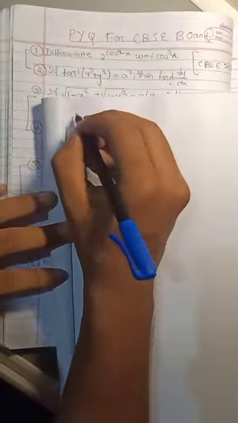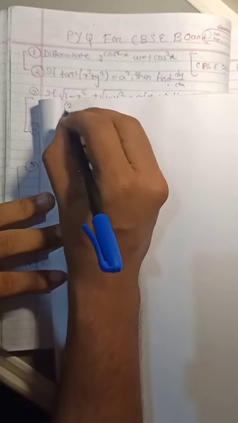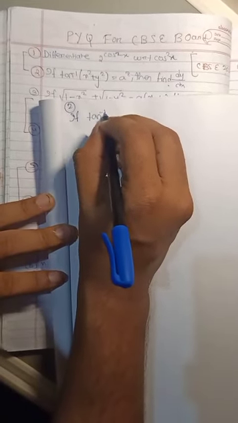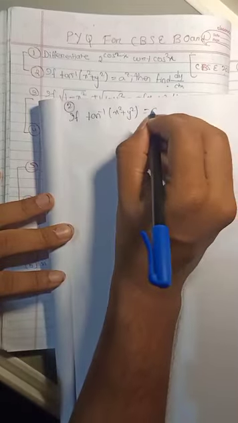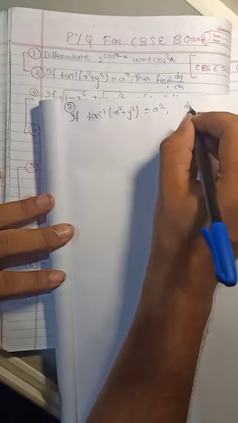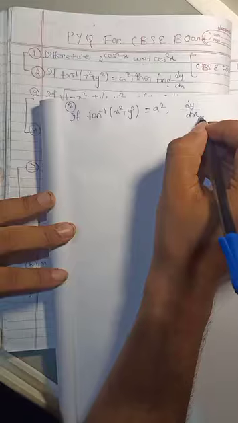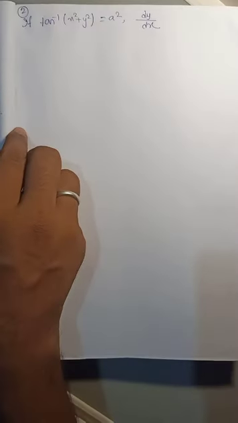The question, question number 2: if tan inverse of (x square plus y square) is equal to a square, find dy by dx. Very easy. How can you do it? Let's see.